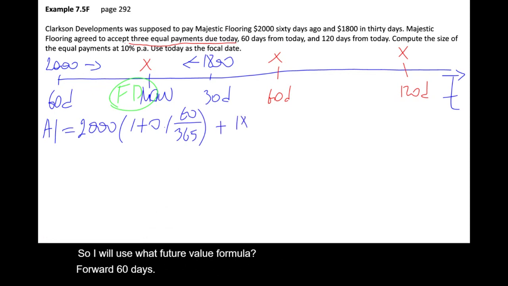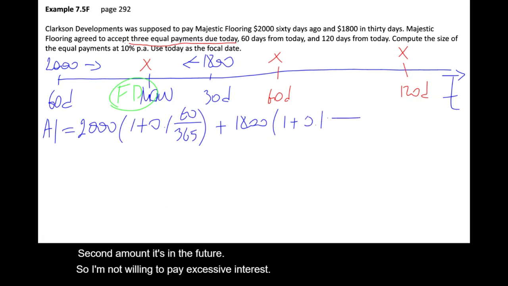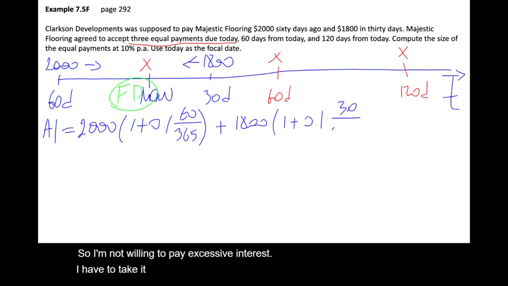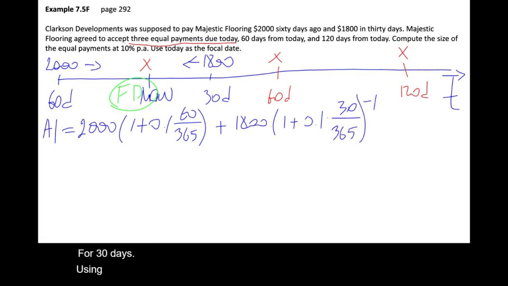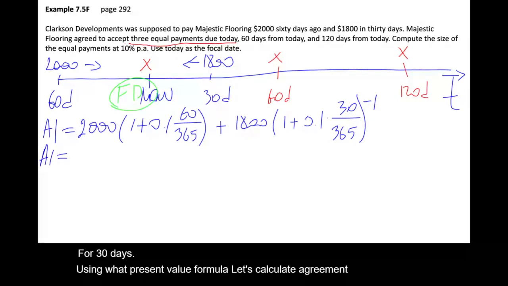Second amount, it's in the future, so I'm not willing to pay excessive interest. I have to take it back for 30 days using the present value formula. So let's calculate agreement 1. What is it?